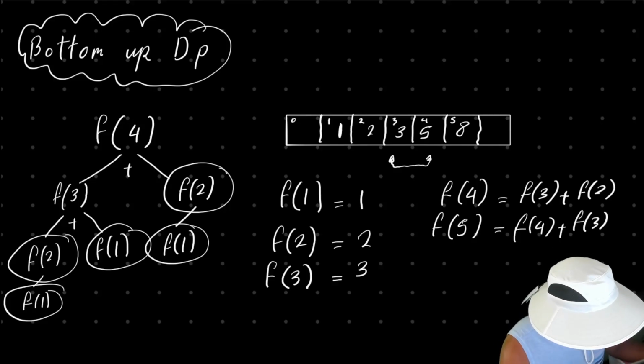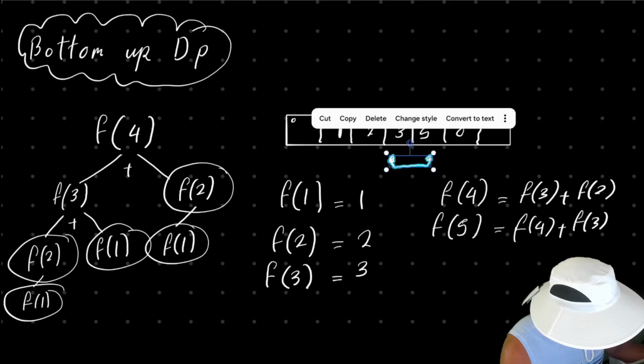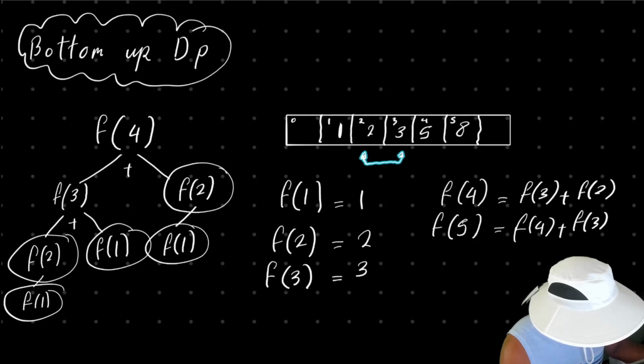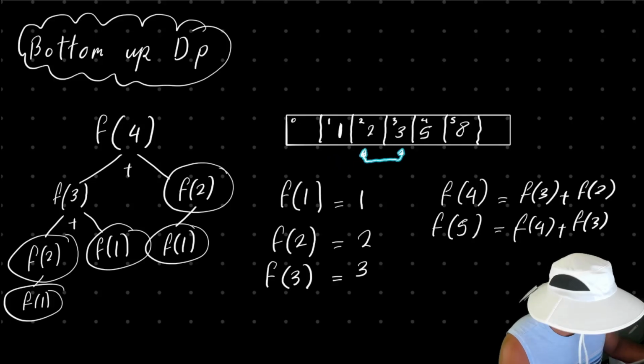All I have to do is slide this to the right, one step at a time. Add these two, and the result will be in the next block, and so on.